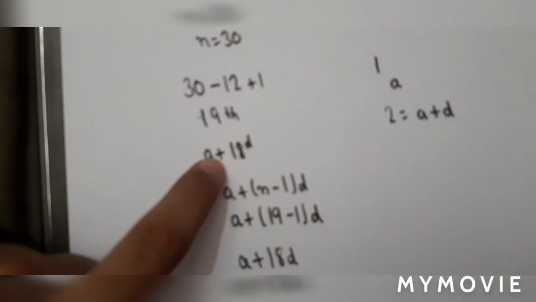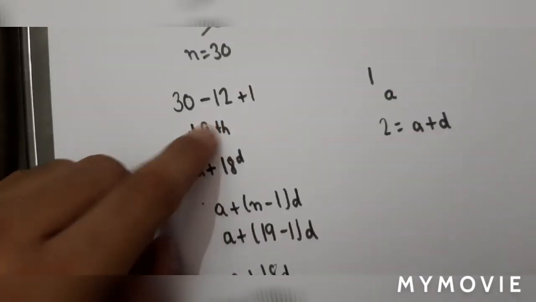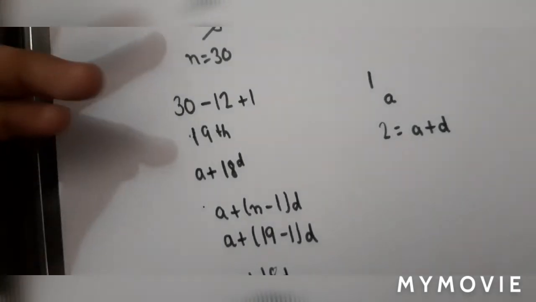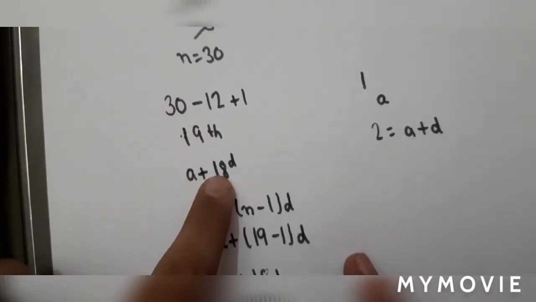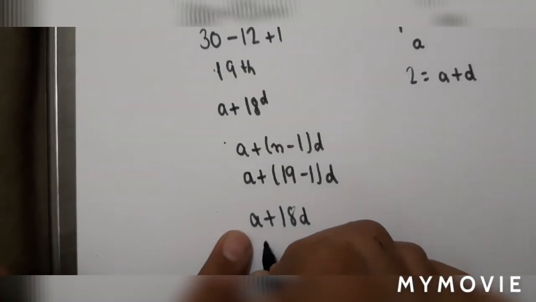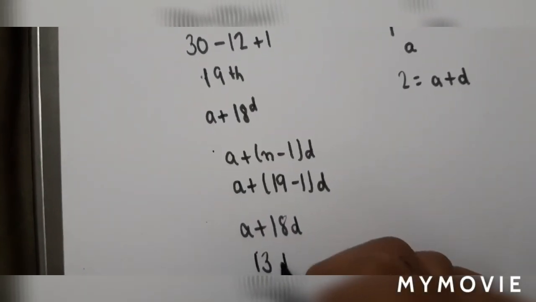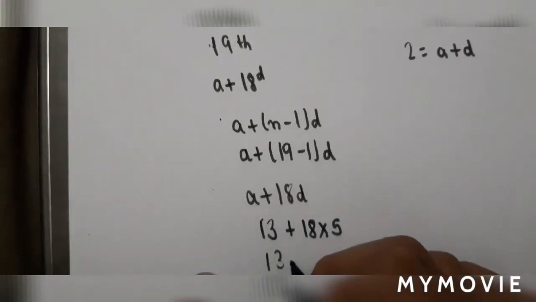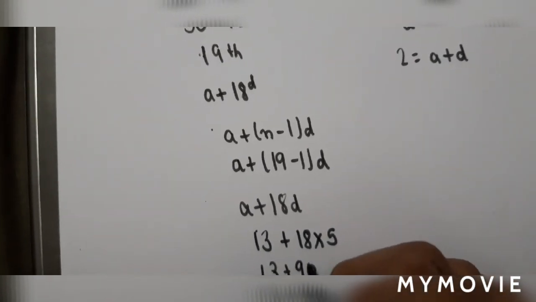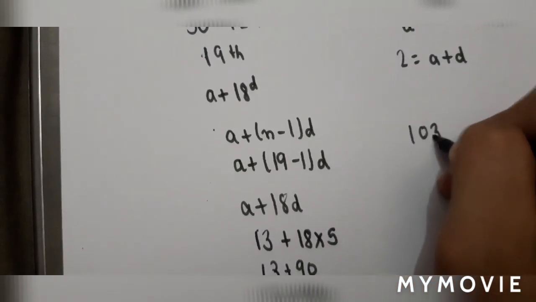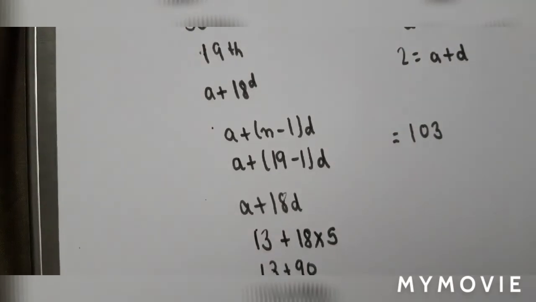We can write directly, we can subtract 1 from 19 and write 18d. So now the a value is 13, and the d value is 5. 18 fives are 90. So if you add 13, you will get 103. So friends, this was our third question.